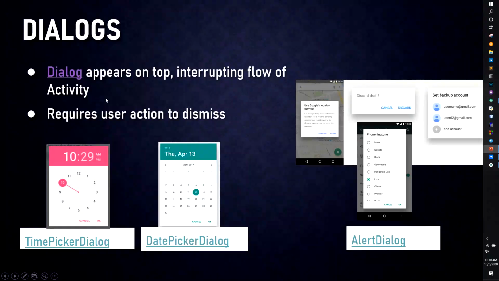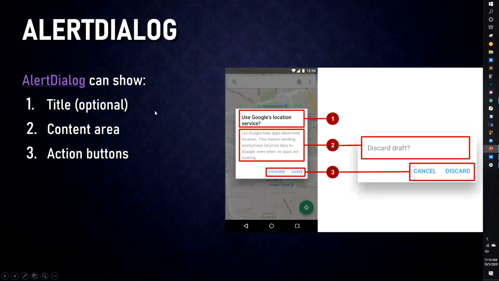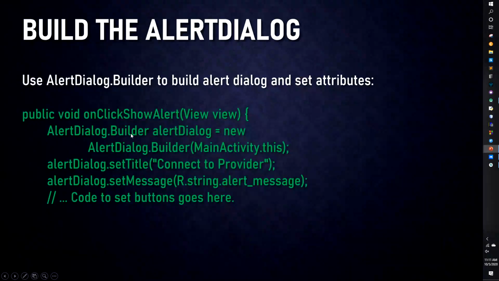I think we have already done this. You implement alert dialog with some title and content area, and also actions, whatever you want: agree or close, or yes or continue. I think we already did this, right? We implement on click for those dialogs, and we set the title and set the message.